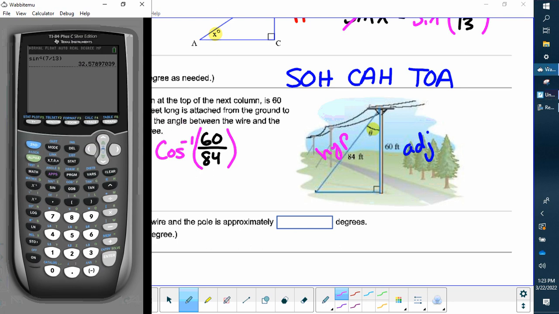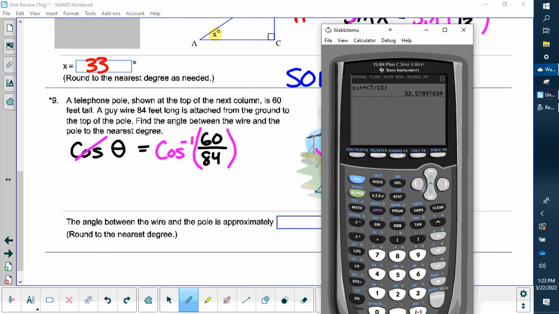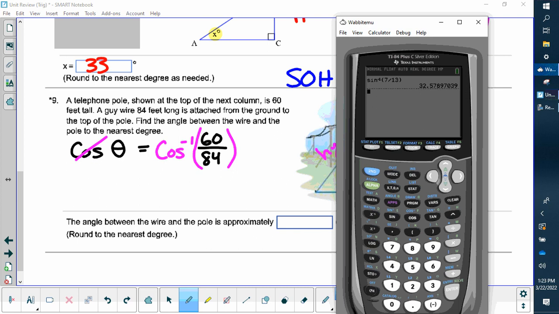Okay, calculator problem. Move this over here and get it out of the way for now. On, clear. Okay, second cosine of 60 divided by 84. Enter, and we get this.